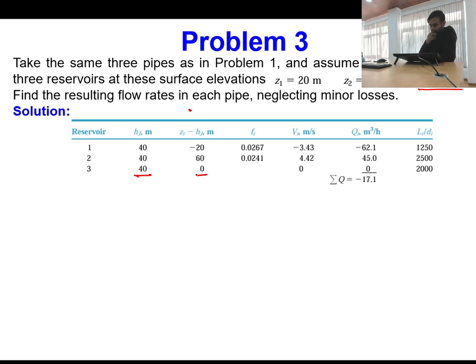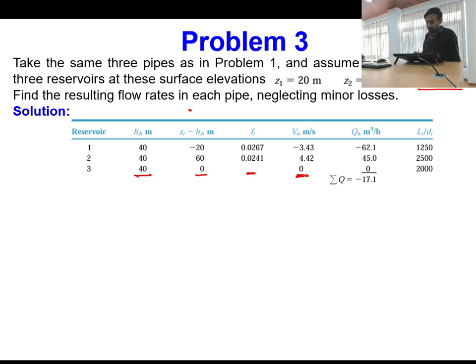Now when I have done this, my head loss is coming equal to 0 for the third pipe. If head loss is 0 for the third pipe, it means that the third pipe is not having any flow, because for flow to take place there should be some head loss. That's why the third pipe will be having no value of friction factor, and the corresponding value of velocity will be simply 0.